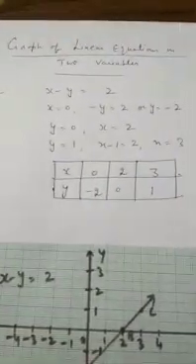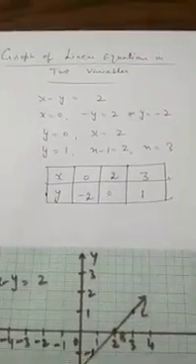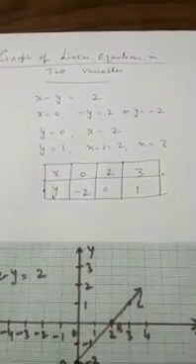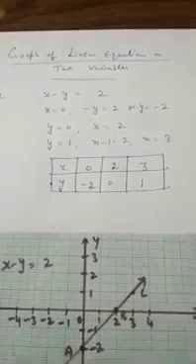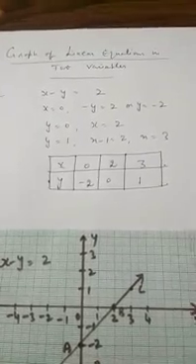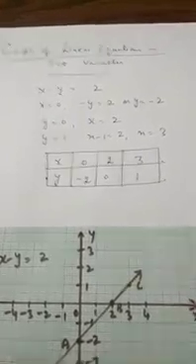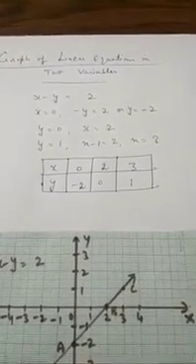Now we move to the graph of linear equations in two variables. It is the most important topic, how to plot the graph of linear equations in two variables. I have the equation x minus y is equal to 2. Similarly, we will make the solutions by putting x as 0.